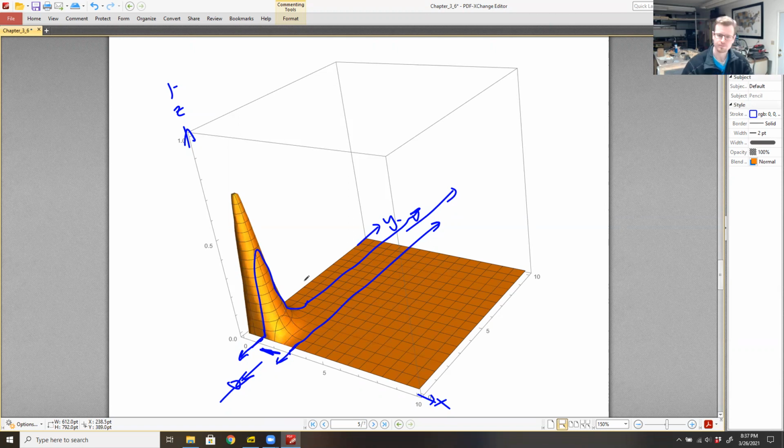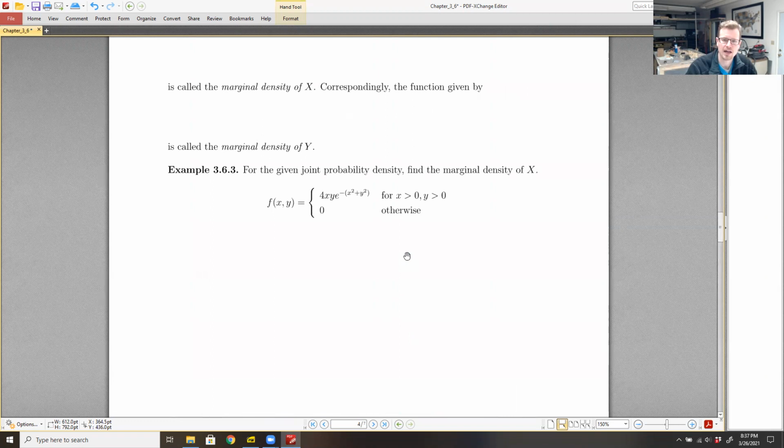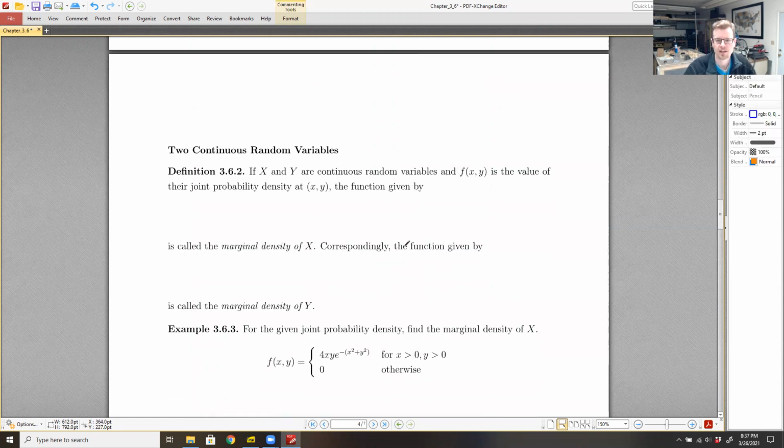with respect to x. And that's exactly what we've got going on in our definition here for the marginal densities of a joint probability density function. If x and y are continuous random variables, and this is a joint probability density function, then the marginal density of x, g of x, is equal to the integral from negative infinity to infinity of f of x comma y, integrating over all possible y values. Essentially we would only integrate over the non-zero regions, because integrating over the zero regions contributes 0.